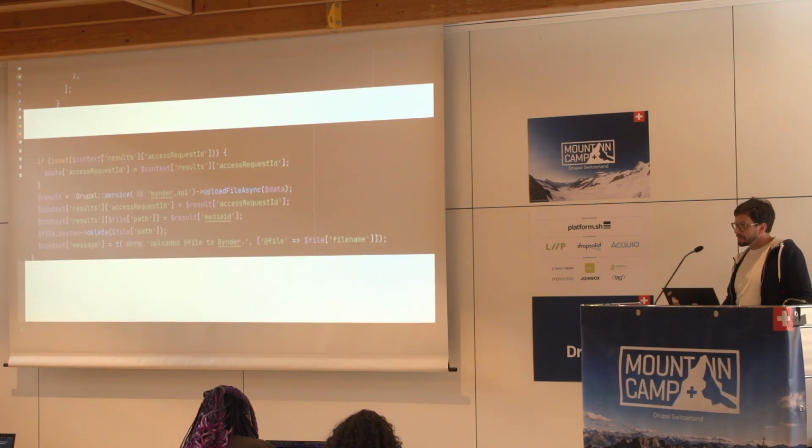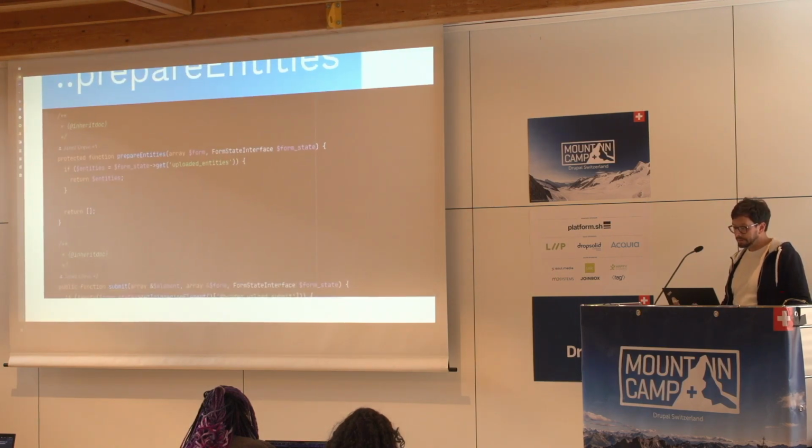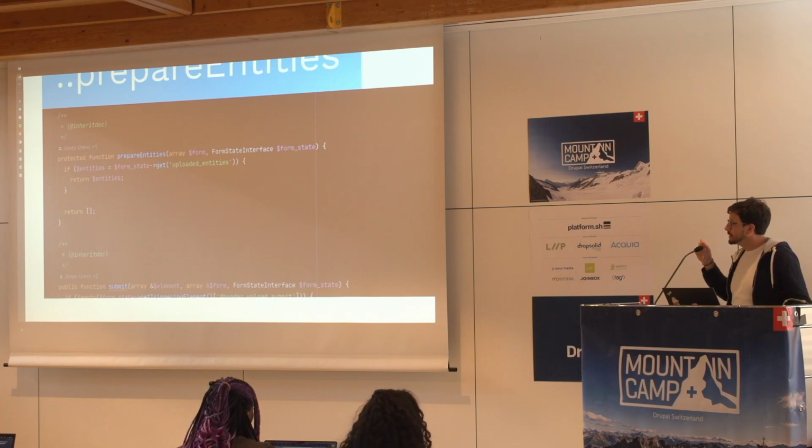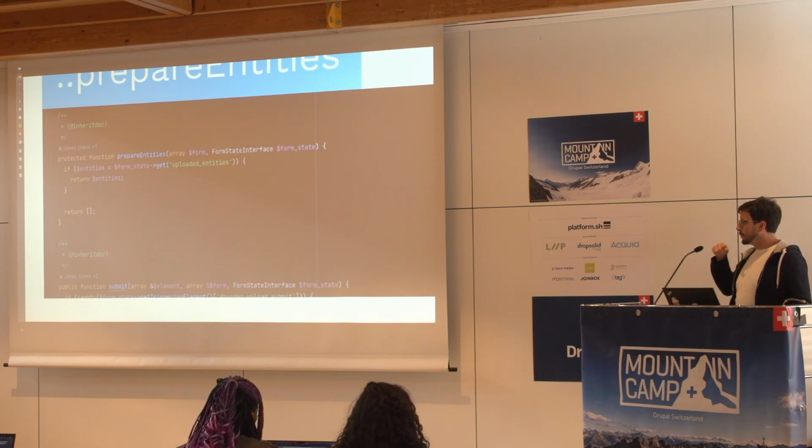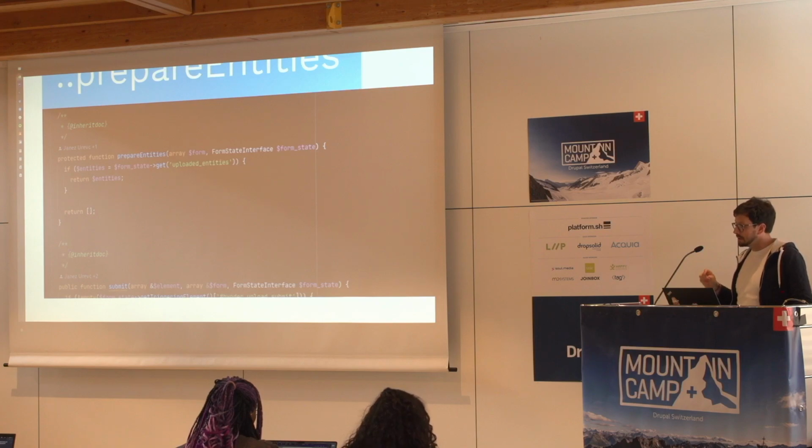And in the batch process, we call the Bynder API. They provide a PHP library, so that's basically the whole interaction is done there. And then in this case, prepare entities, which is quite important in other parts, is just used to pass along the created entities, because we also create entities in the batch process.